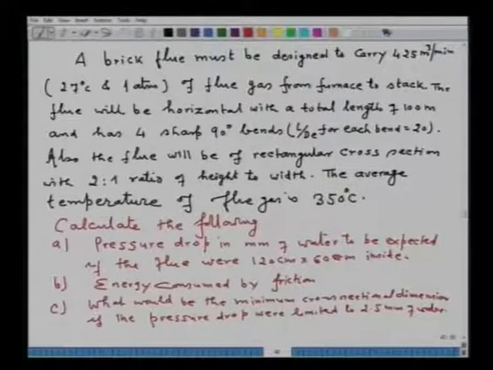So, this is a typical problem for say design of the flue and stack and so on. Now, there are something which is also given, and what is given is as follows.